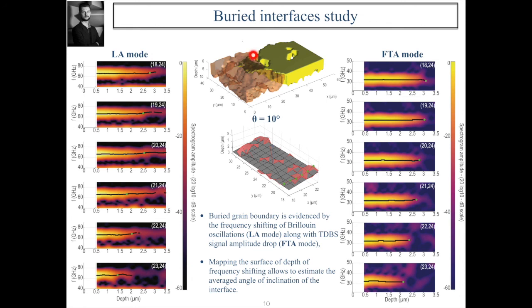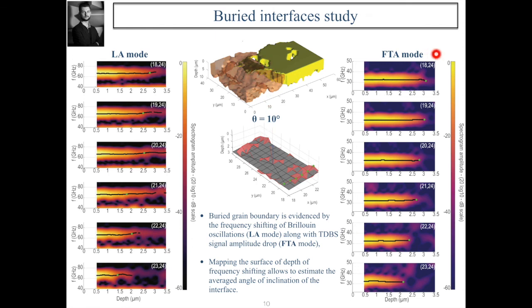When the acoustic wave is transmitted from one grain to another, its velocity is changing. In that case, it is going faster. This means that the Brillouin oscillation frequency will increase. And if we report this depth of frequency shifting on a surface of frequency shifting, we can then estimate the inclination of this interface between the two grains.